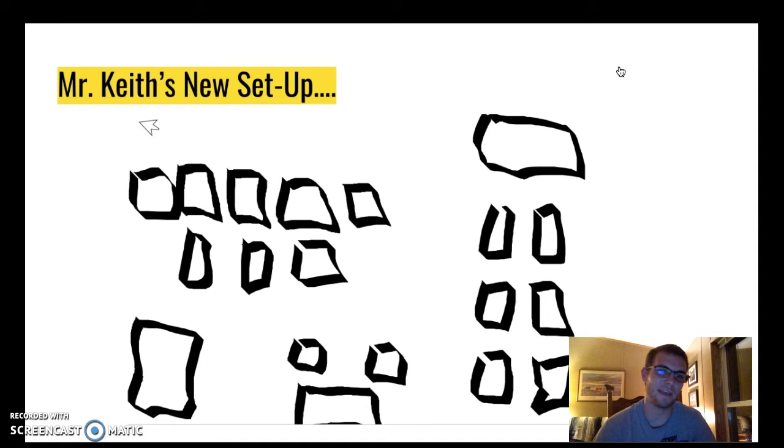I also have, if you see that rectangle in the bottom left-hand corner, that's a table group in my room, and usually I put the lower level students there to start, and I have the para there with them so they can catch up on things, or maybe I've given her a resource to work through with them.